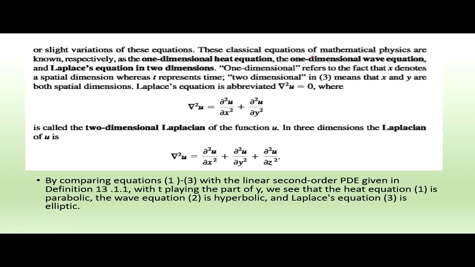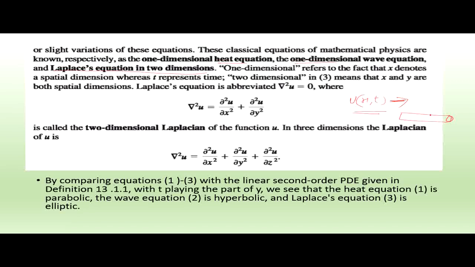So the first equation is called the one-dimensional heat equation. The second is the one-dimensional wave equation. The third one is the Laplace equation of two dimensions. What do we mean by dimension here? Though there are two variables, u of x comma t, u is a function of x and t in the first and second problems. In the first problem, the heat equation, u is the temperature at any time in the rod.